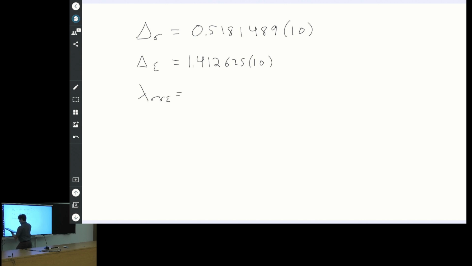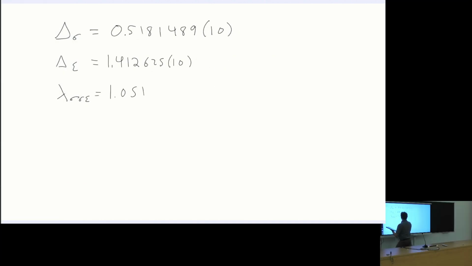So the sigma sigma epsilon coefficient is known rather precisely, 1.0518537. And similarly, epsilon epsilon epsilon.